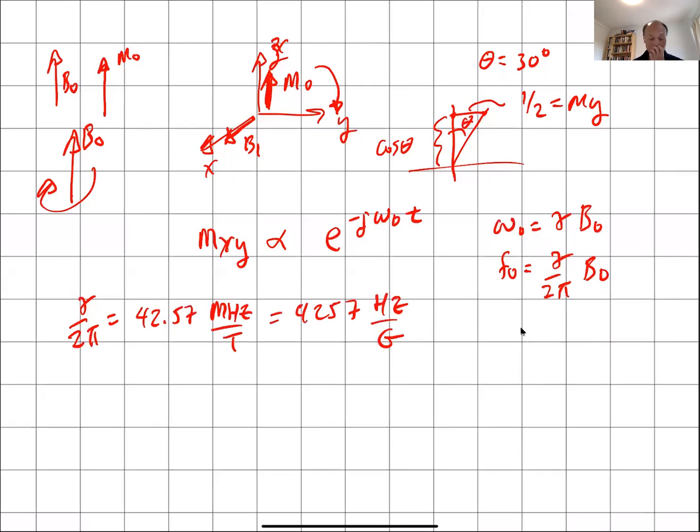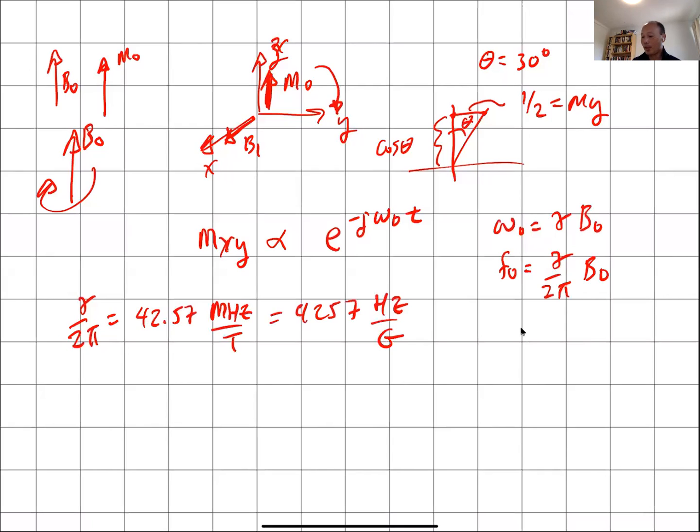If you have trouble remembering it, those of you familiar with the Hitchhiker's Guide to the Galaxy know that the answer to the universe is 42, and it's sort of funny that the gyromagnetic ratio of hydrogen is also about 42.